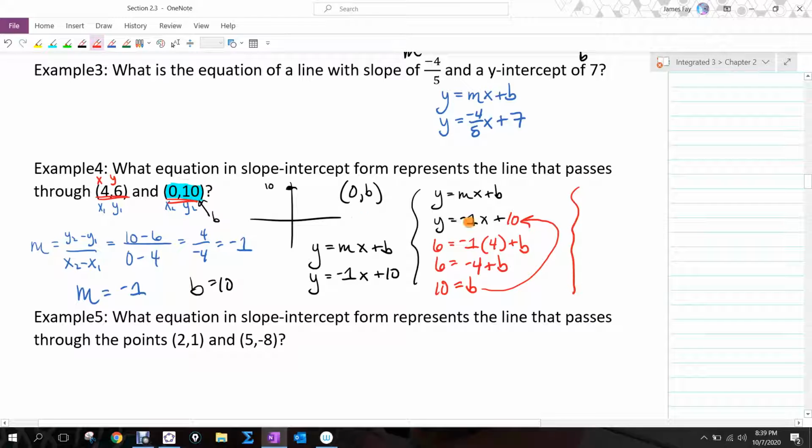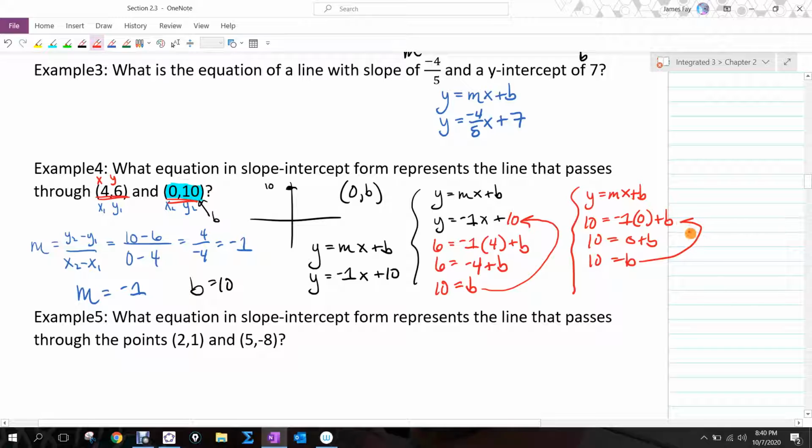Now you say, well, how do you know to use 4, 6? I didn't. I could have gone y equals mx plus b. Okay, let's use this second one. So y is 10. M is -1. The x that they're telling me here in this blue point is 0. And then plus b. Well, I get that. So 10 is equal to b again.